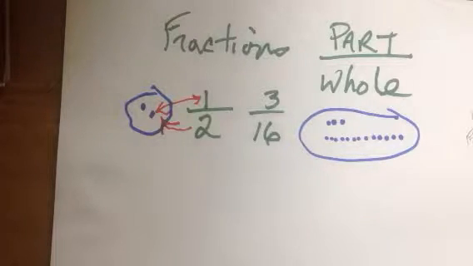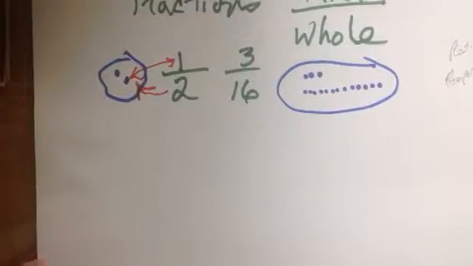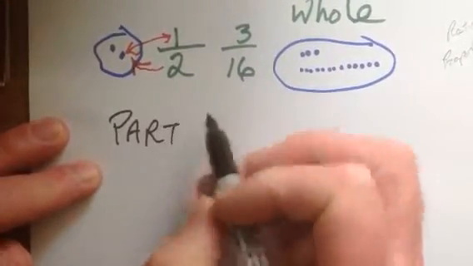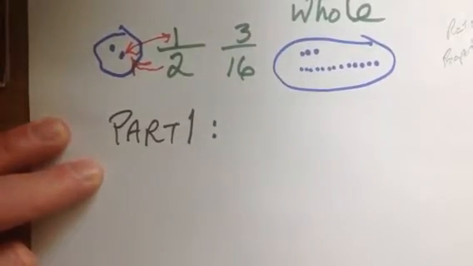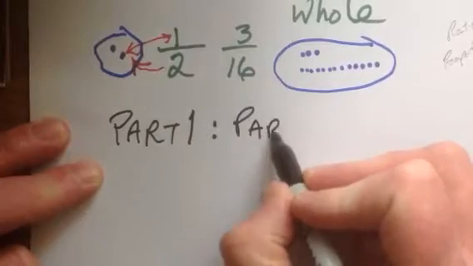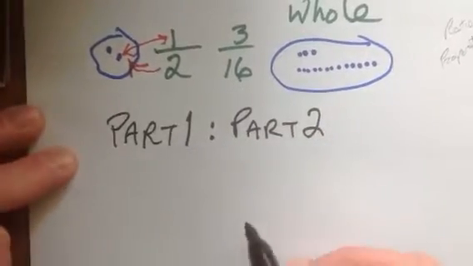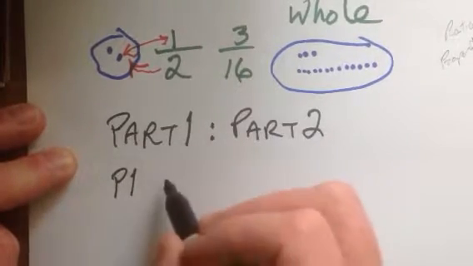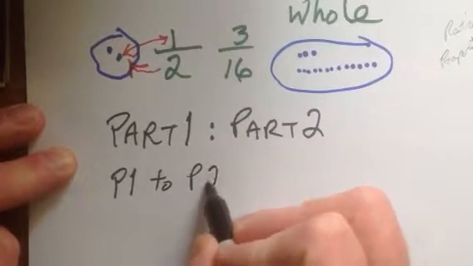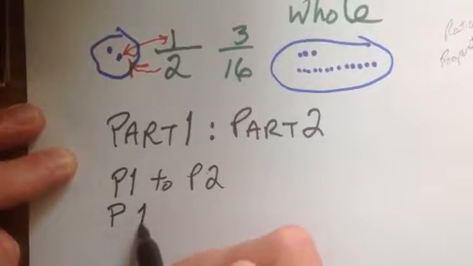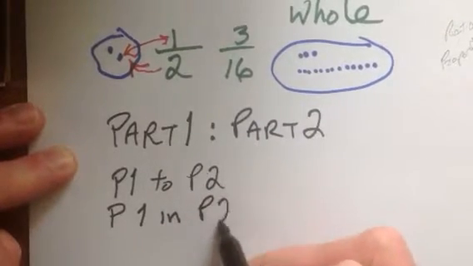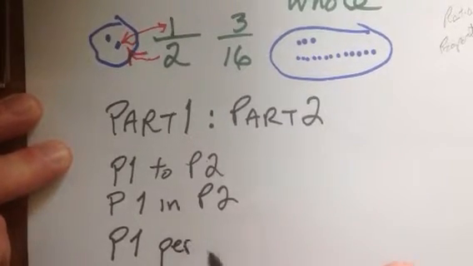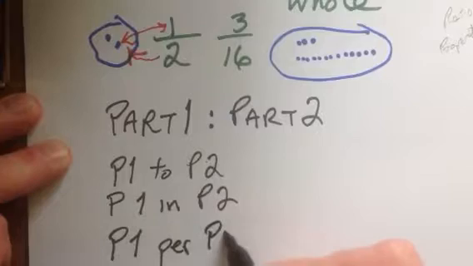Now, when we go to ratios or proportions, basically what we're talking about is two different parts. So it's, I'll try to print, part 1, and sometimes you'll see it referred to with a colon, part 2, or part 1 in part 2, or part 1 per, P-E-R, per part 2.